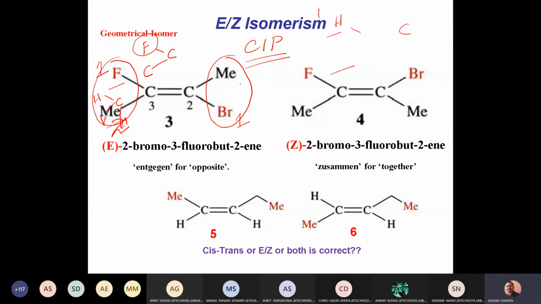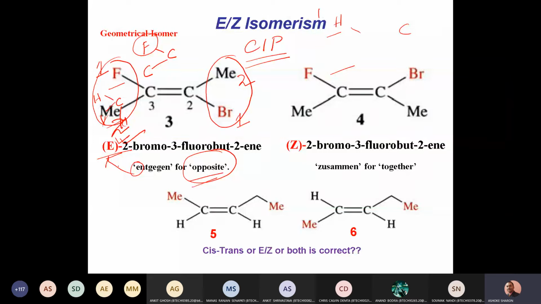If your first priority groups are opposite, the German word is entgegen, which reflects E. That is why we pronounce it E and use E configuration in nomenclature. Because your first priority groups are opposite, the E prefix is used. And this E is nothing but a stereochemistry configuration assignment.